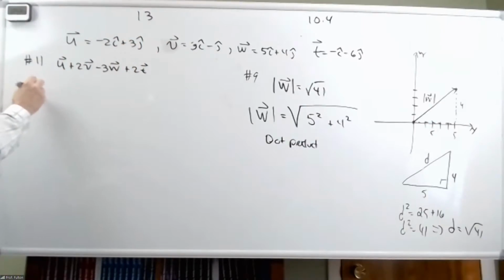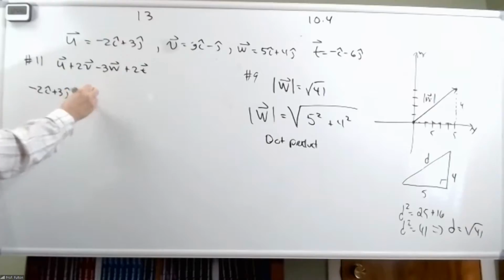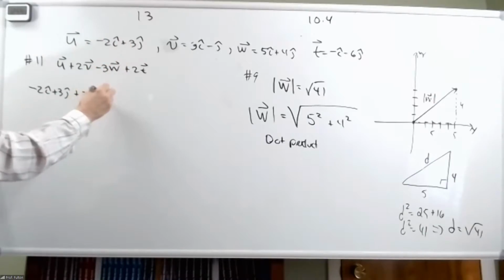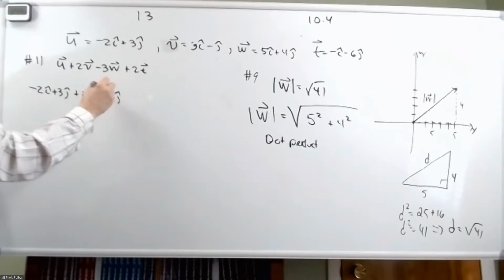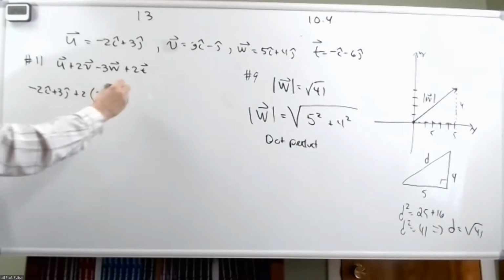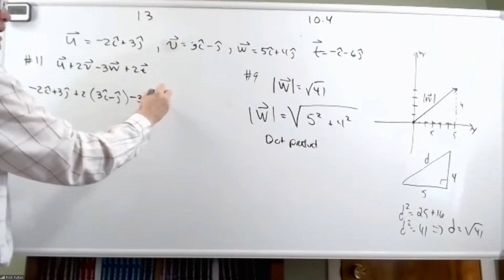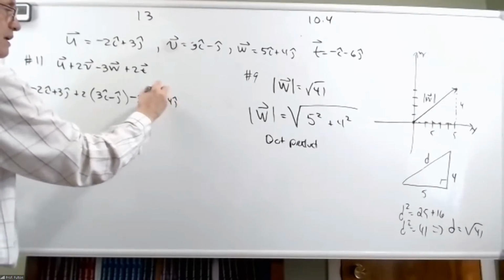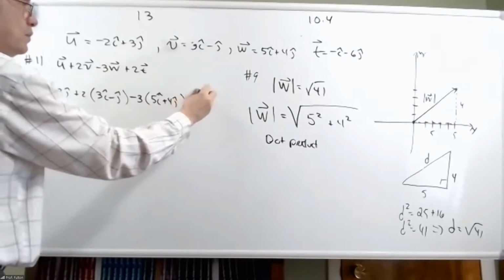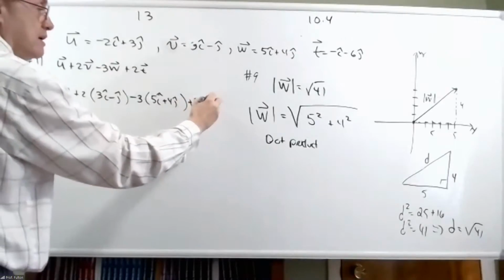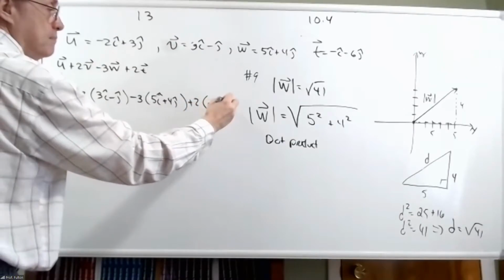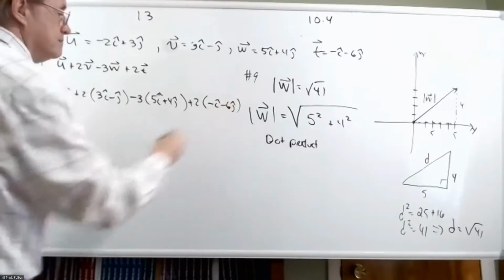So it's minus 2i plus 3j plus 2, parentheses, 3i minus j minus 3 parentheses w is 5i plus 4j plus 2, and t in this case is just minus i minus 6j.